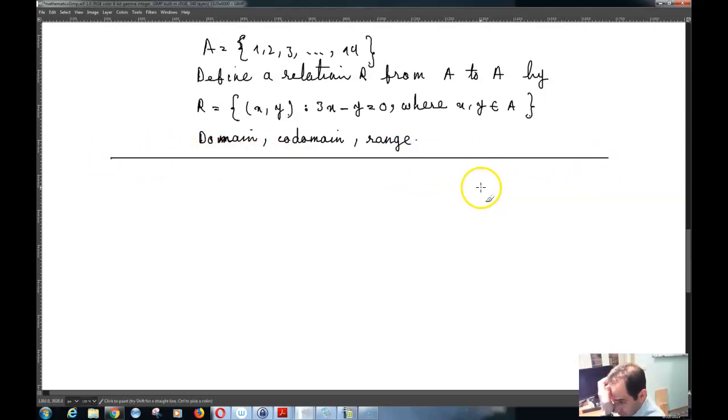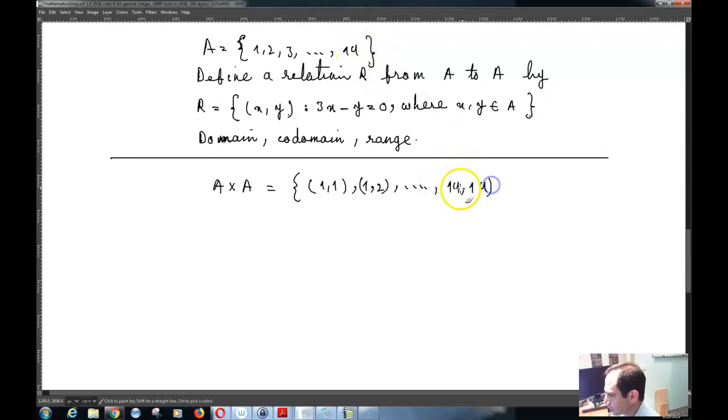Okay, so now to solve this problem, you know that a relation R from A to A, by this definition or rule, would be a subset of the set A times A. So the set A times A would be a set having all of these ordered pairs like 1, 1, 1, 2, and so on and so forth, all the way up to 14, 14.